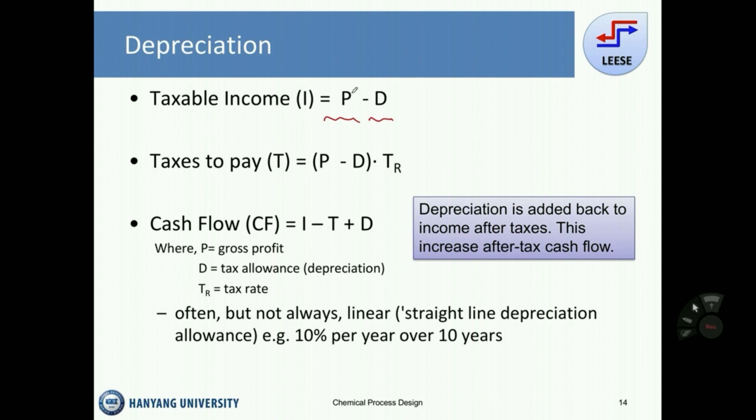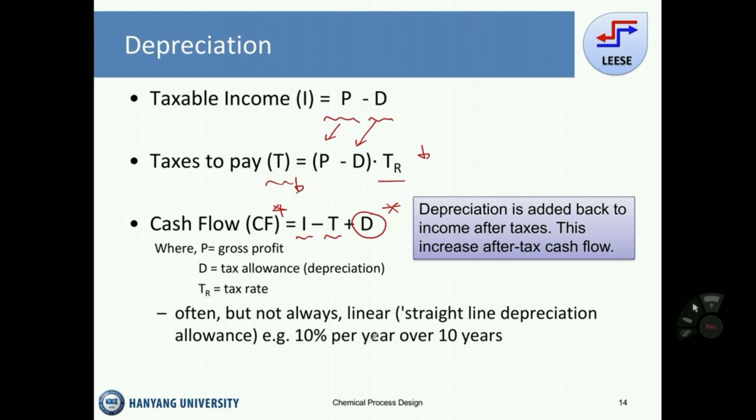So P minus D will be the taxable income I. Then the tax rate TR will be applied after taking this depreciation. So the tax to be paid by the company will actually be reduced. So cash flow is given as the income minus tax, and then depreciation is added back for the cash flow. So the role of depreciation is to decrease the tax and increase the cash flow, okay?